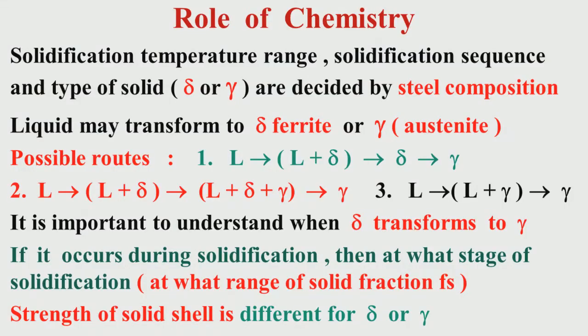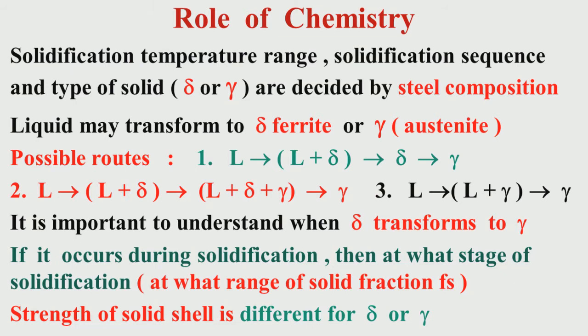So the solidification temperature range and the solidification sequence, that means the type of solid, is it delta or gamma, are decided by the steel composition. When you are cooling a steel from liquid to solid, I will come to the iron carbon diagram, it will be more clear then.